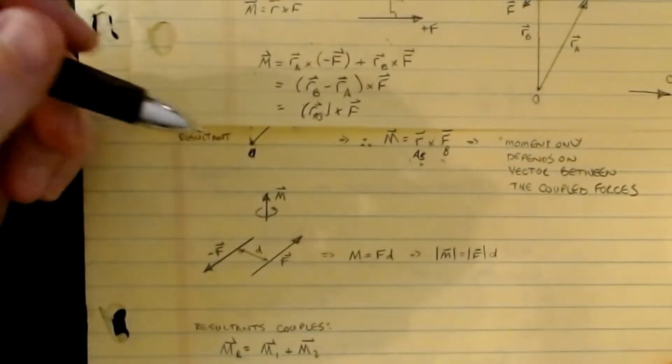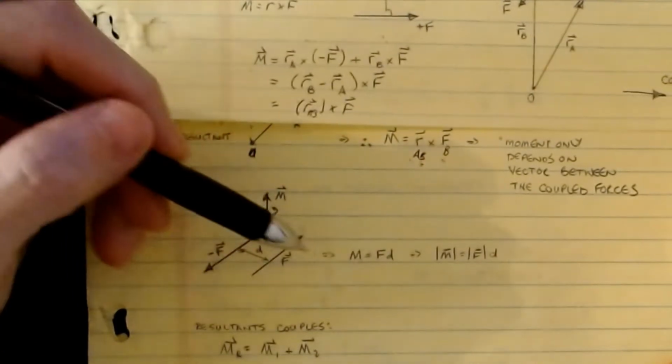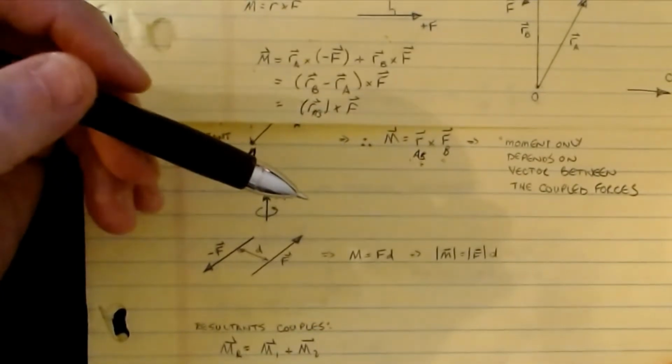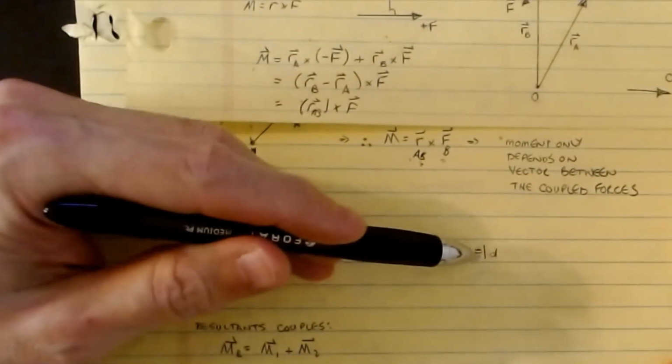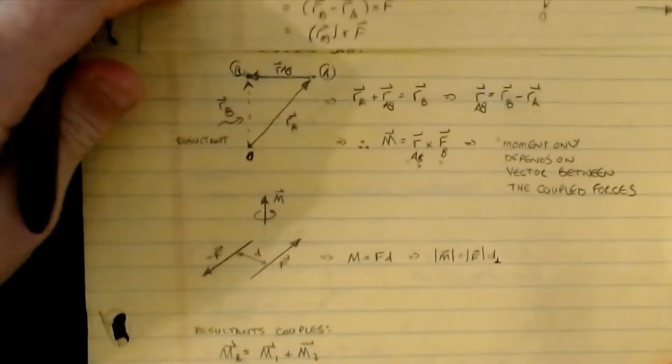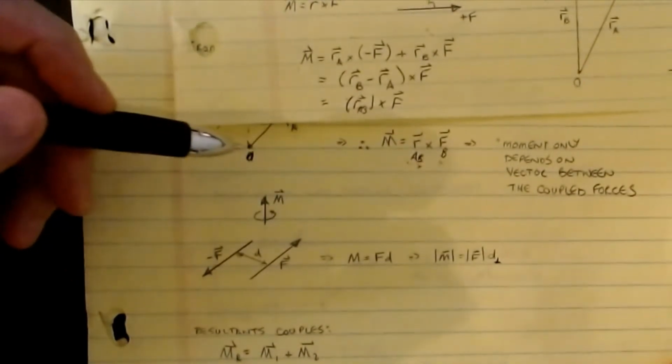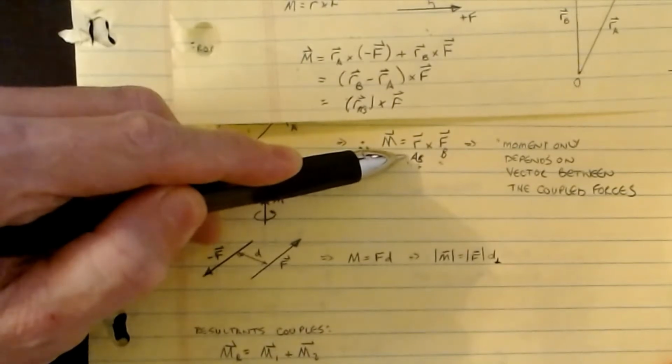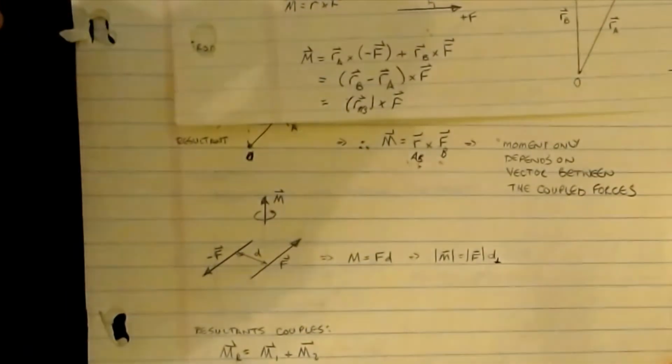So our moment is force times distance, a scalar magnitude: M is the magnitude of F times d, and the requirement is that d has to be perpendicular. So there are different ways to get there. The vector form is by far the easiest, because here I have to have d perpendicular and here I don't. I just need two points on the line of action of the force.